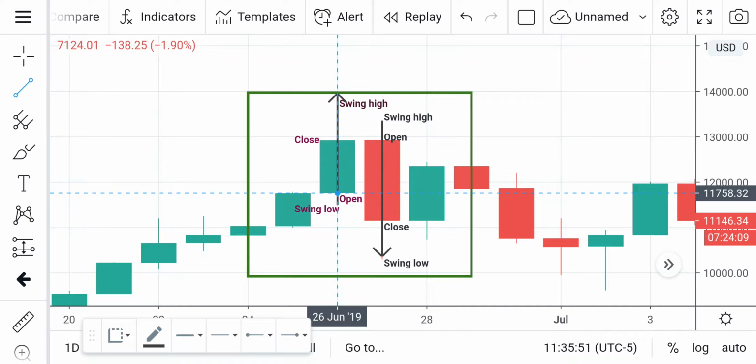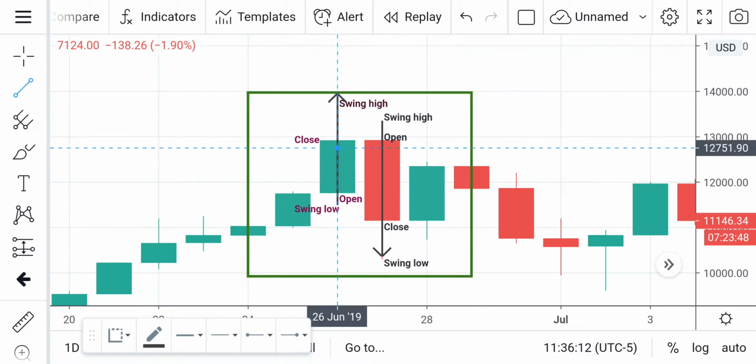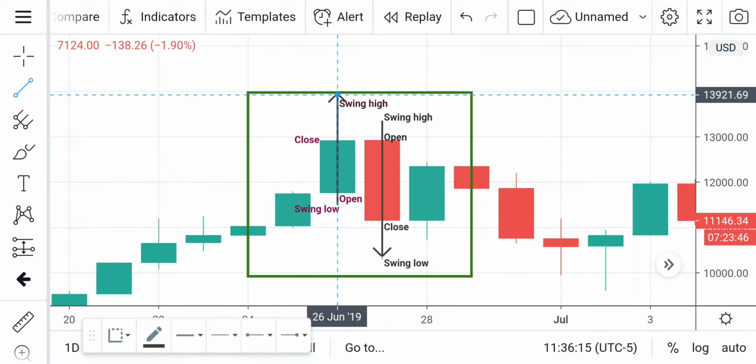So price opened at this area that is showing 11,744. If you check the right corner of your screen, you will see it. The price opened here, sellers pushed the price to the swing low here, and buyers rejected that swing low and pushed the price up over here.